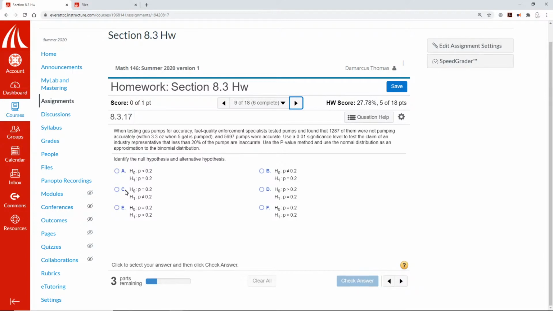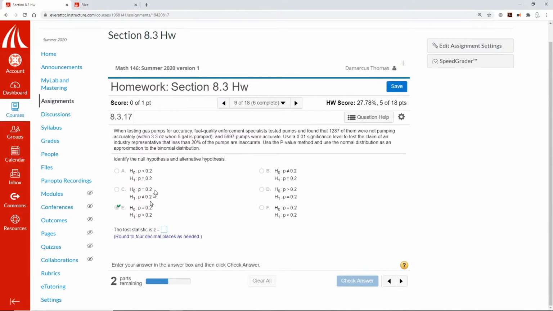Okay, so we're going to do H0 for our null and H1 for our alternative. We're going to assume that 20% is the rate, and then our alternative will be less than 20%.